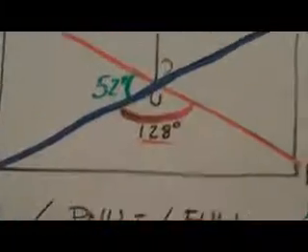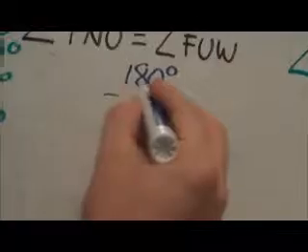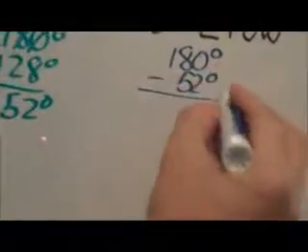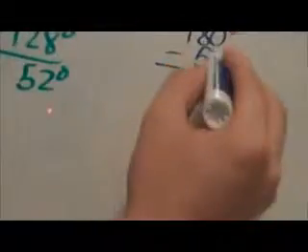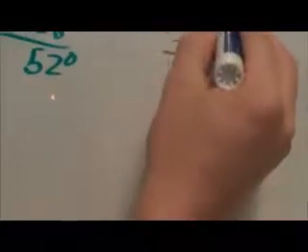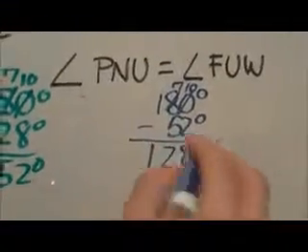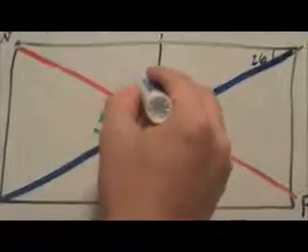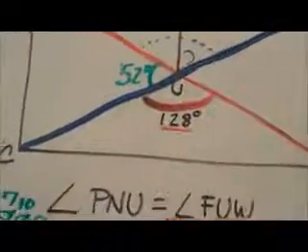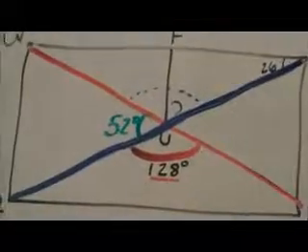Knowing that my straight angle is going to be 180 degrees, I've already got 52 degrees of it right here. So I'm going to take my 180 degrees now, subtract my 52 degrees. I'm going to see that I have 128. So from here to here, I've got 128 degrees.